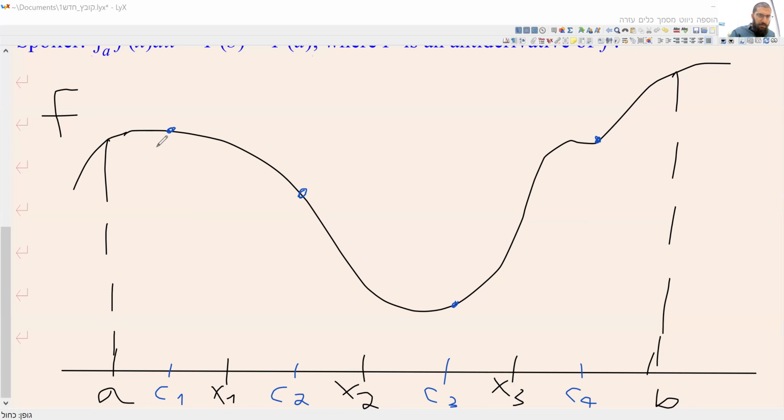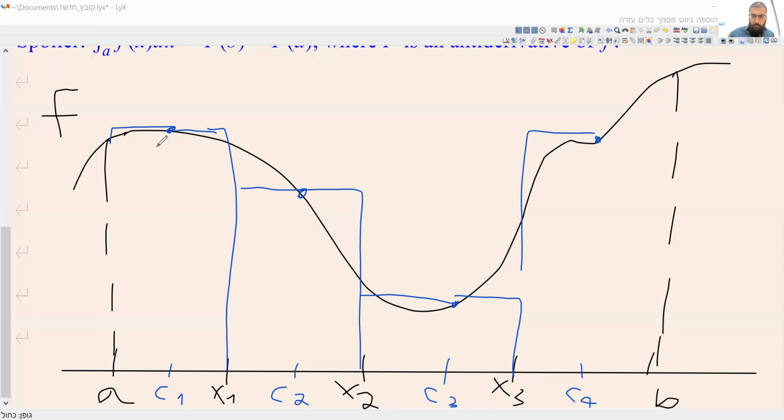I'm drawing it with my fingers, so it's probably not the most accurate rectangles you've ever seen, but you'll forgive me. Okay. So, first of all, it is the right first step to approximate the area using rectangles.